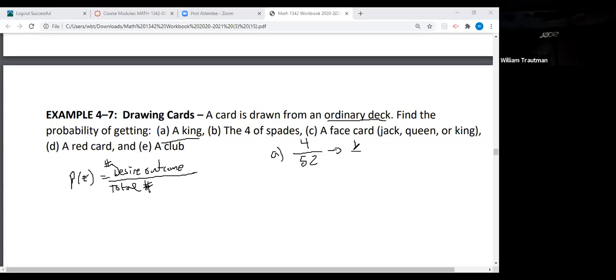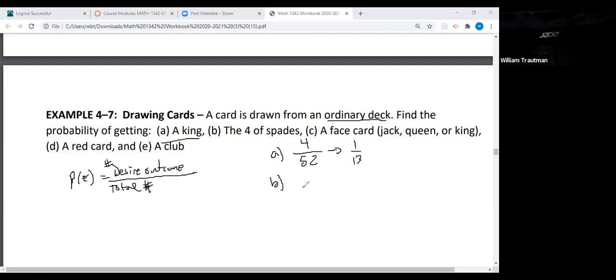You didn't use your calculator. 1 over 13. I type in 4 divided by 52, hit math, fraction, and you get 1 over 13. By the way, you got 2 over 26. If you notice 2 and 26 are both even, you can divide by 2 again, and you get 1 over 13. So the correct answer for A is 1 over 13.